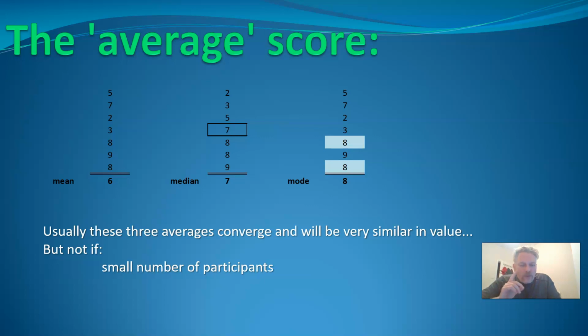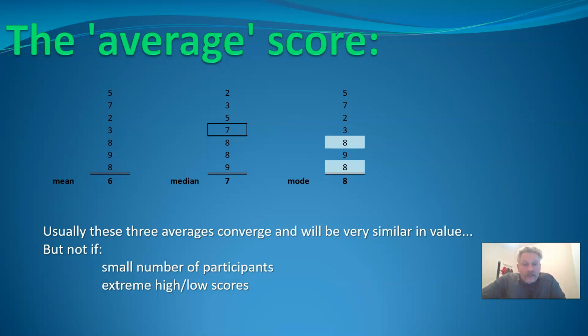So always be wary of studies that have a small number of participants. Again, as we'll see over the course of this semester, you're just more likely to have difficulties arising because of that.